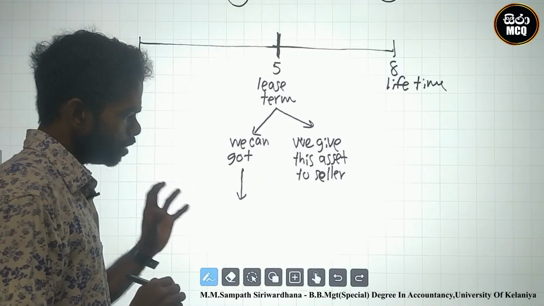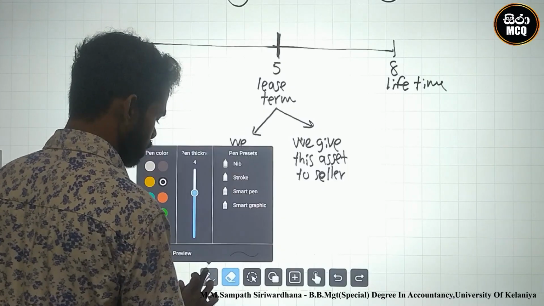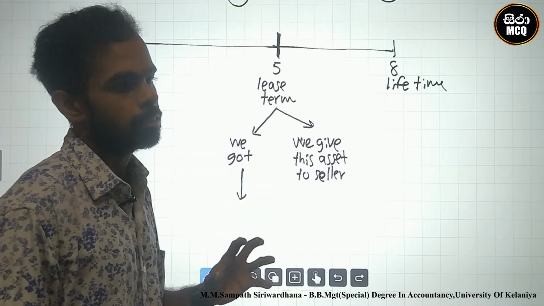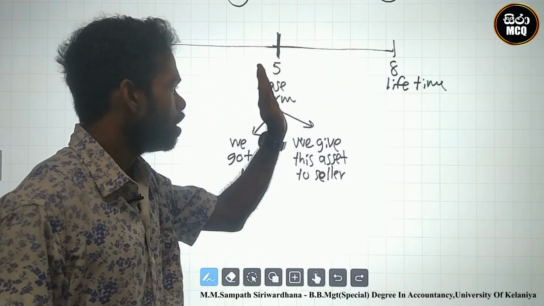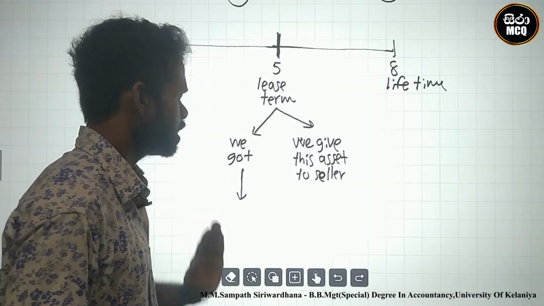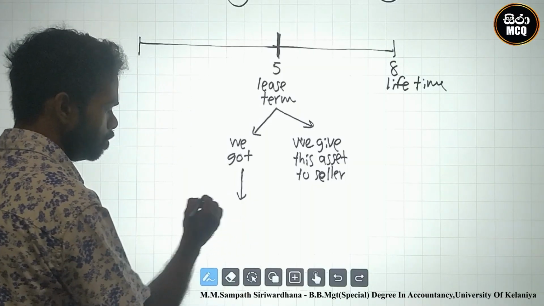Okay, we got our asset, meaning we use 5 years or 8 years. After the lease term we purchase this asset, we get this asset to use.